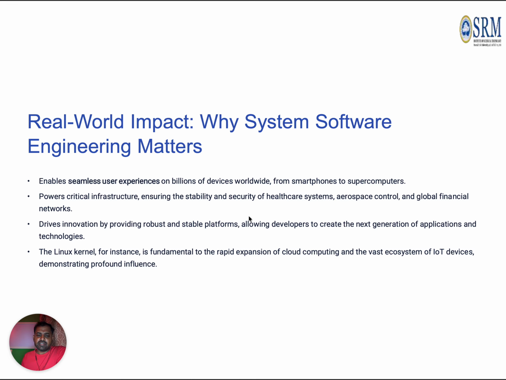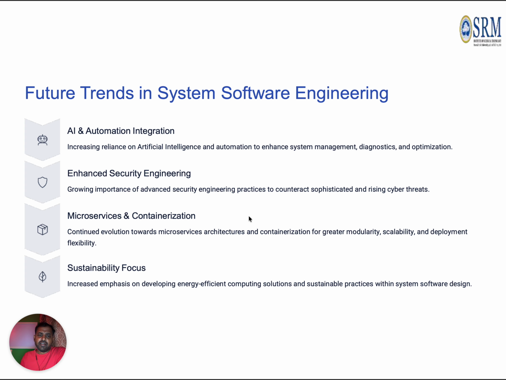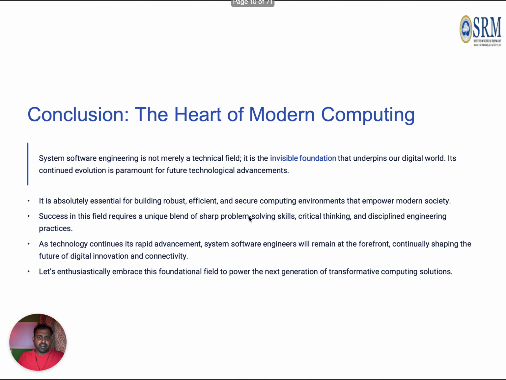There are other systems that don't have visual interfaces, for example IoT devices. For them also we can have system software engineering. We are not going to cover these future trends. I am leaving it to your perusal. The PDF version of this presentation will be shared with you, so you can refer to these points.